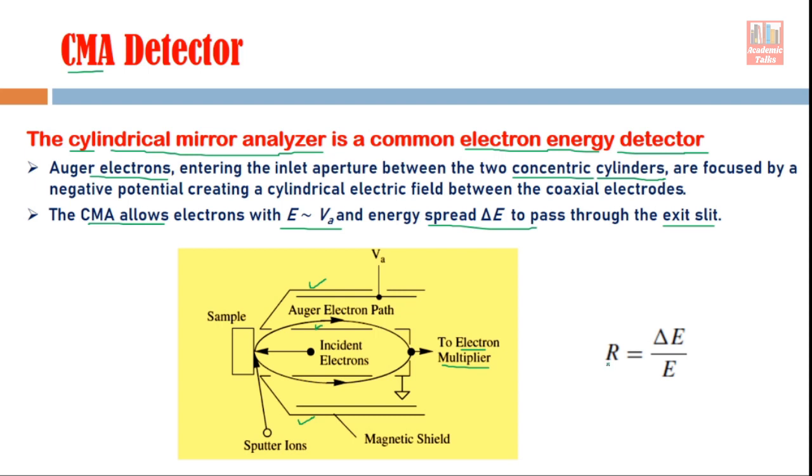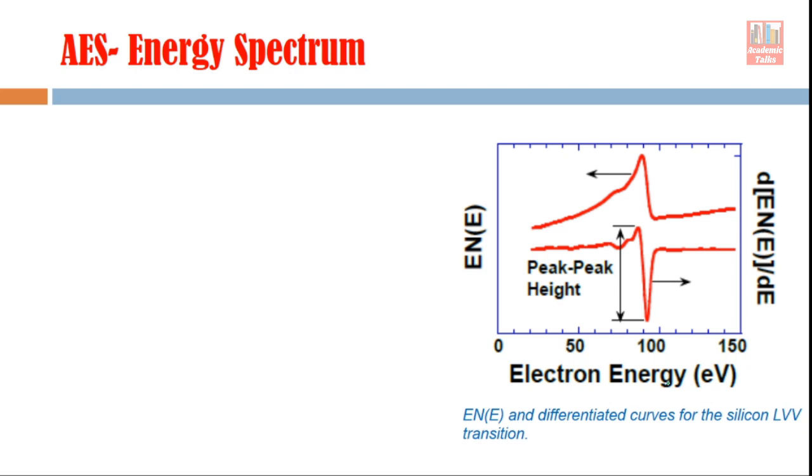Now the resolution of this system is delta E by E. Delta E is the spread in the energy and E is the energy of the Auger electrons. Now if we talk about the spectrum of the Auger electron, basically it's the energy that is plotted something like this. Here you see this is the case of a silicon LVV transition.